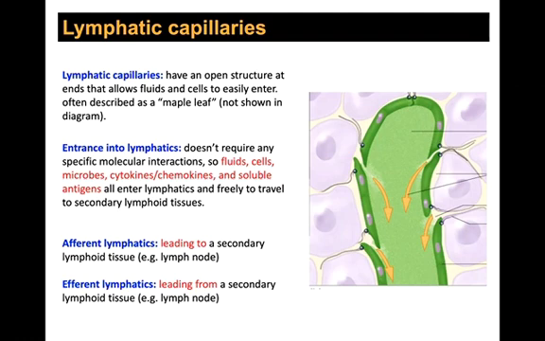But these lymph nodes are all connected. And so it can go from one lymph node to another lymph node. And when it leaves a lymph node, that's an efferent lymphatic. Okay, so it's the same thing as affect versus effect. Affect is something affects you. If you want to do something, then you have to effect it.